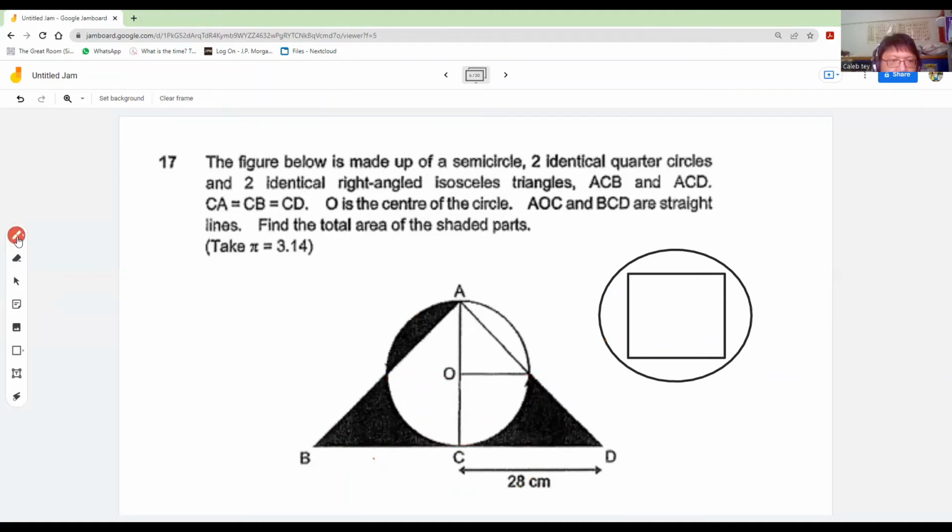Let's find the rectangle first. This one. The area of the rectangle will be 28 times 14.